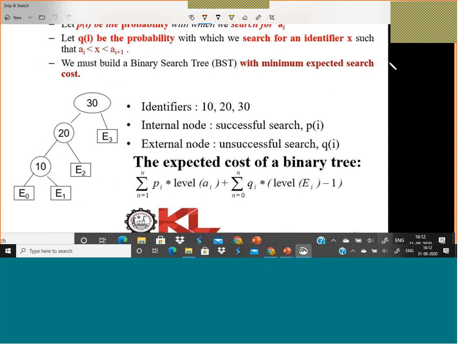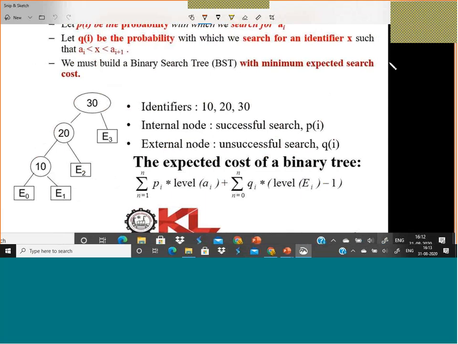But there are rectangle boxes also you can observe. These rectangle boxes are for when you are looking for an element which is not there in the tree. That time your search will be terminated at one of the points, that is from E0 to E3.